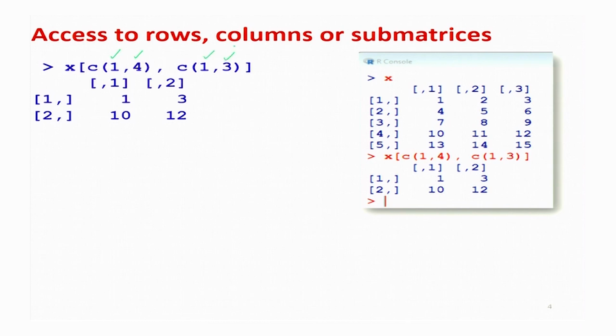It is very simple once you understand the basic fundamental, that first you have to write down the name of the matrix, then square bracket, and then information about rows and information about columns. Now, you are giving here only the row numbers, these are your row numbers, and c(1,3) is your column.